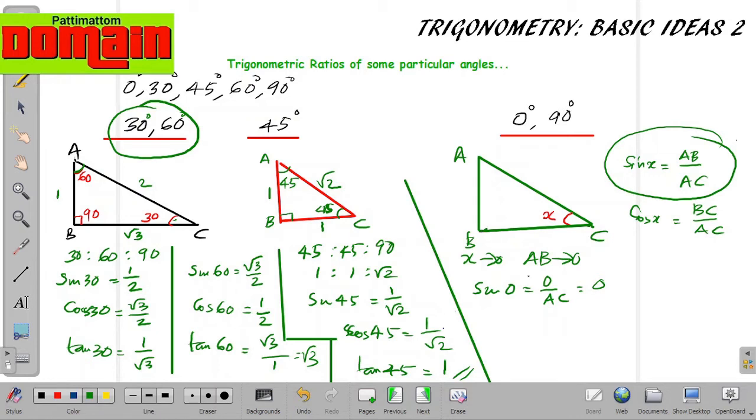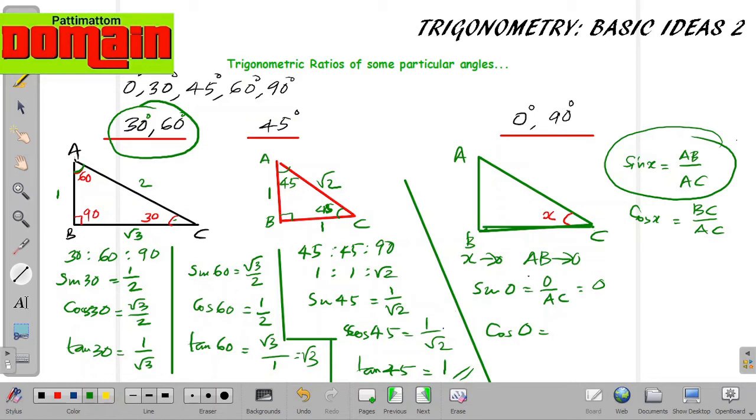Similarly, by fixing these points B and C, we find out the value of cos 0. How do we find cos 0? Cos x we know is BC by AC. Suppose the hypotenuse AC is allowed to move, dragged towards B. Angle C reduces and finally angle X becomes 0.